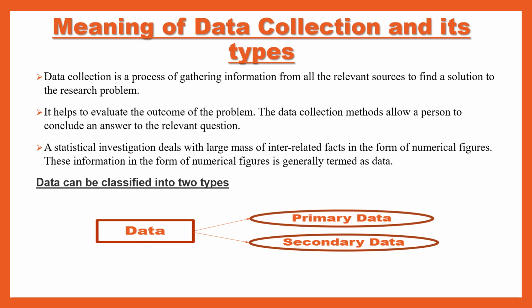If you are collecting data for your research, you are able to give answers to the questions asked by the researcher or the person. If you are able to give the answer, that means you are a genuine researcher. That is why data collection is a process of gathering information from all relevant sources.